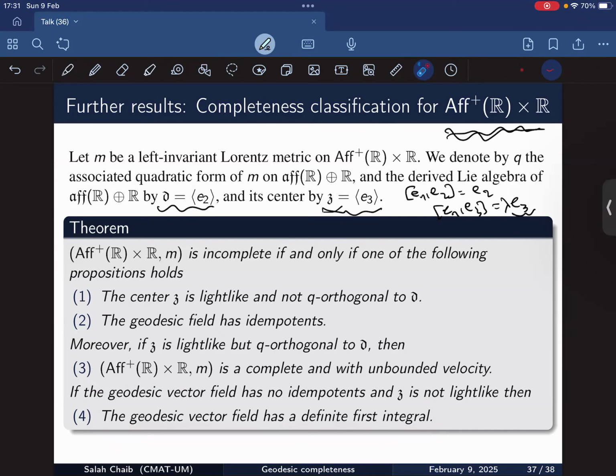However, for the case of lambda different from 0, we get exactly the same thing as the pseudo-homothetic group. So we get one complete metric with unbounded velocity, and all the others are with bounded velocity, but without having a first integral.